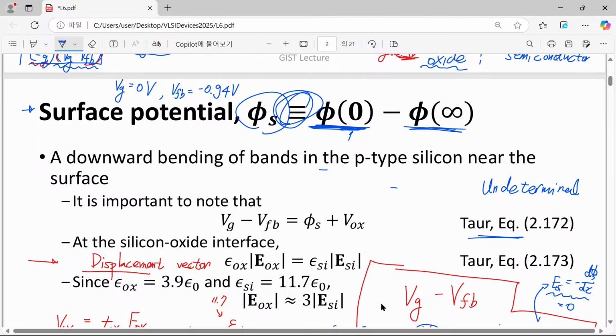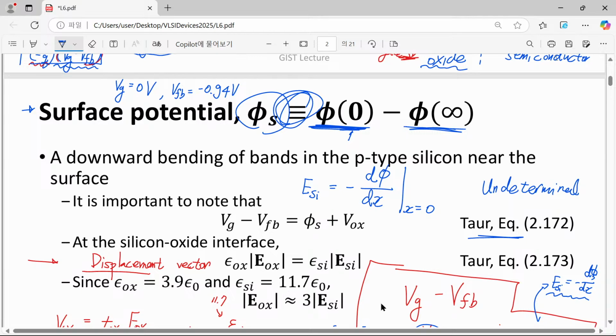So no information available. What is actually true in this case is that the silicon electric field at the surface is given as d phi dx evaluated at x equal to 0. That's true. Yes, if you can find the potential itself as a function of position, then you can use it.